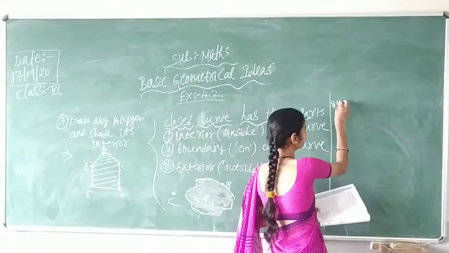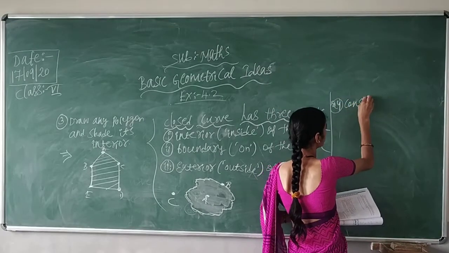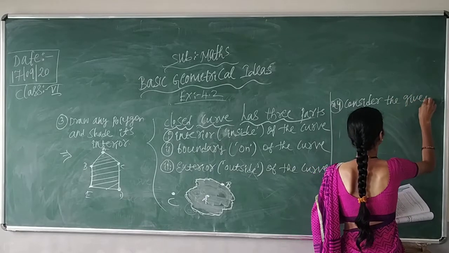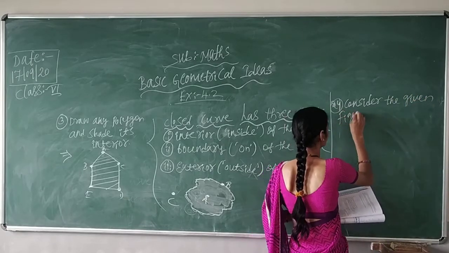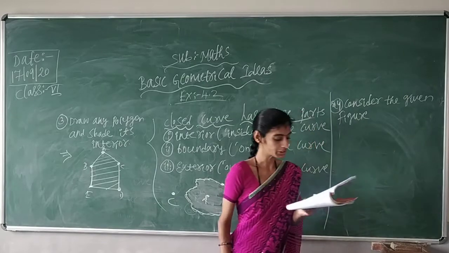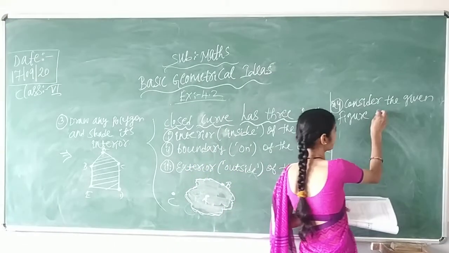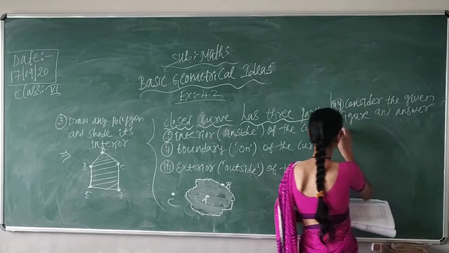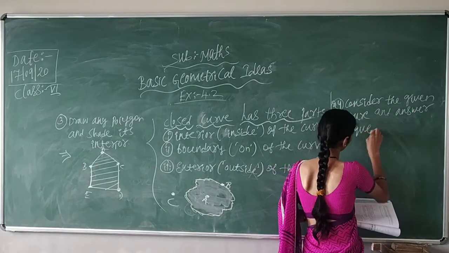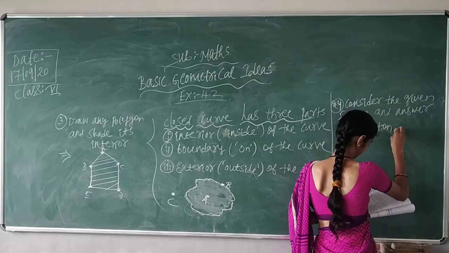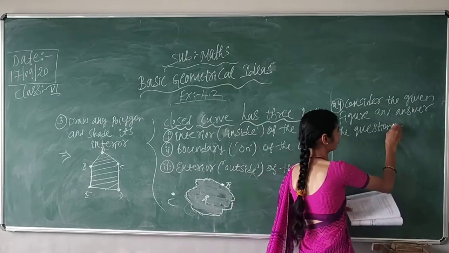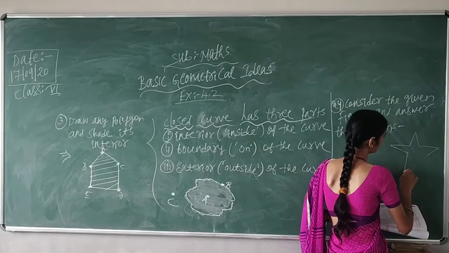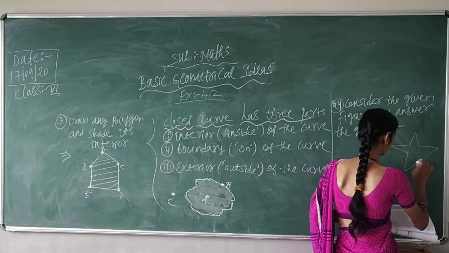Consider the given figure and answer the questions. So what is the figure given children? Yes, you all can see from your reader book. So this is the given figure.